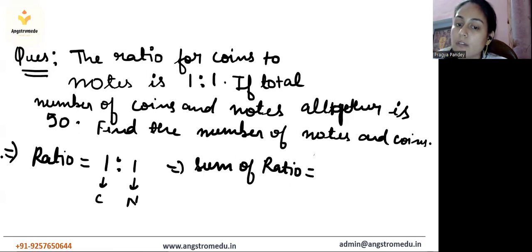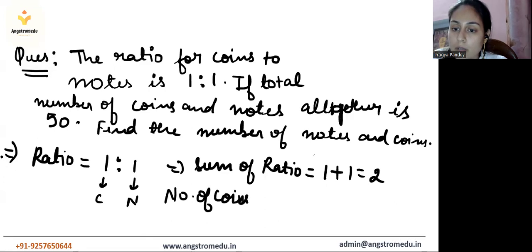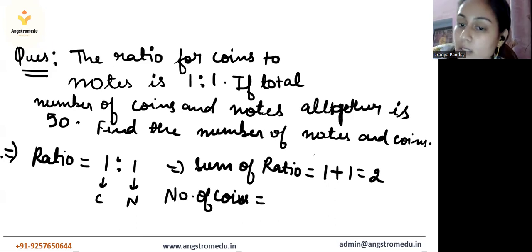Okay, the sum of the ratio is given to you: 1 plus 1 will be 2. If we want to find the number of coins, it is obviously 1/2 of 50, so 50 multiplied by 1/2.